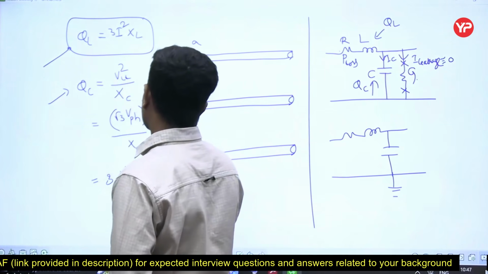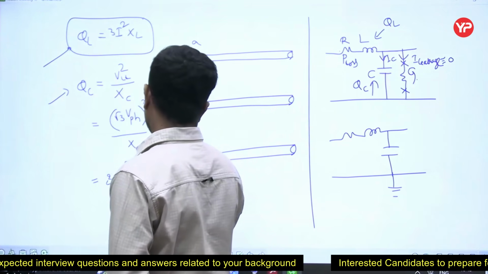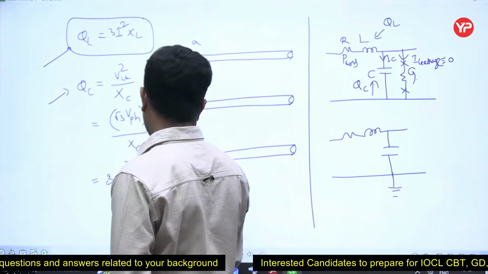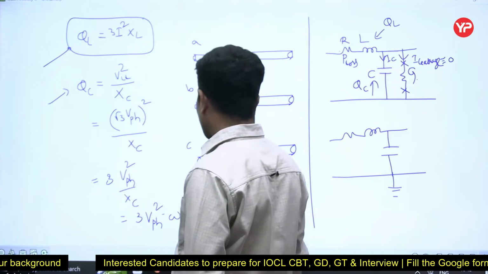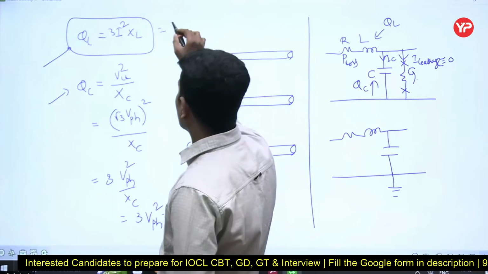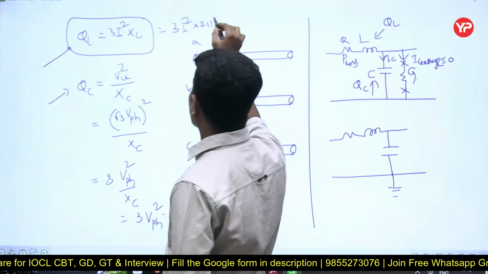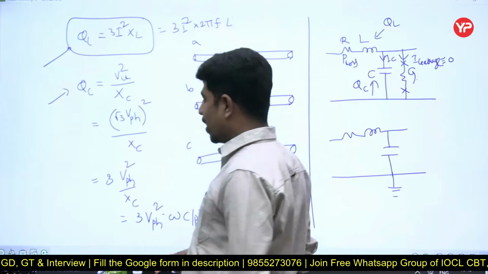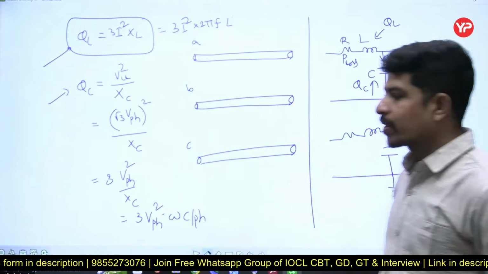So 3 into V phase square by XC. So 3 into V phase square into 1 by XC will be omega C per phase. Right? Now here also 3 into I square into omega L, that is 2 pi f L.